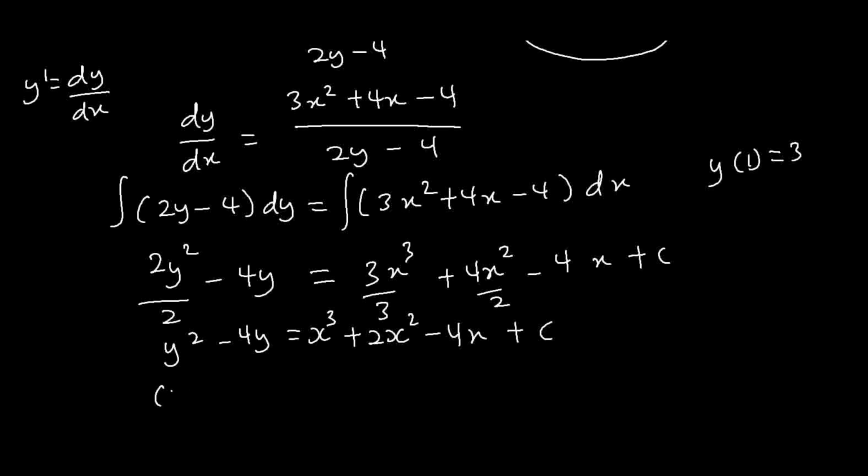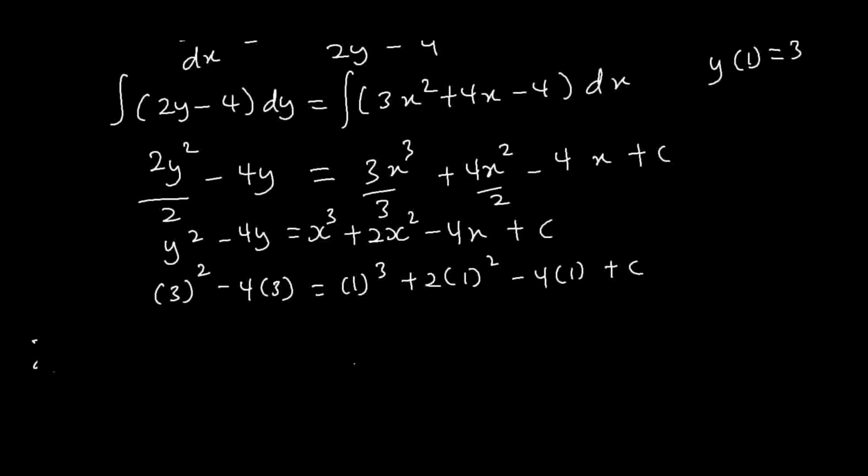You have 3 to the power 2 minus 4 multiplying 3, which is equal to, with x equal to 1, 1 to the power 3 plus 2 multiplying 1 squared minus 4 into bracket 1 plus c. So let's simplify this.